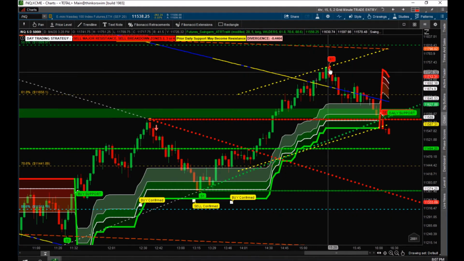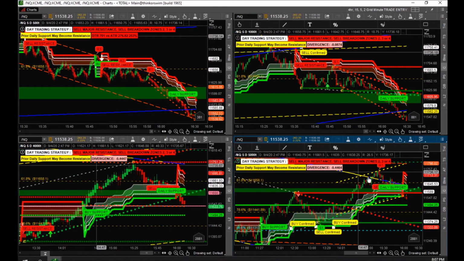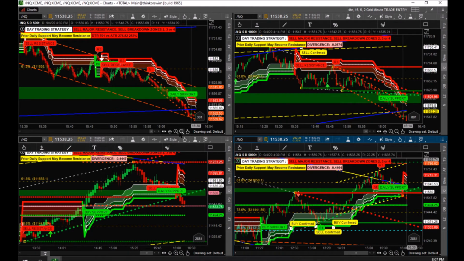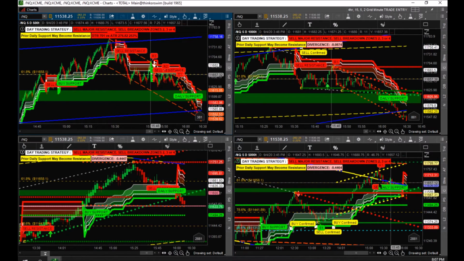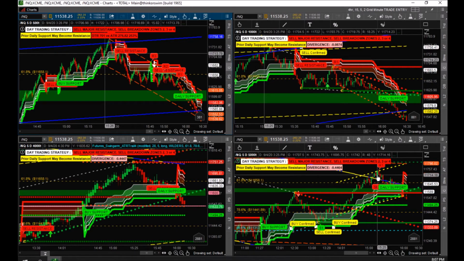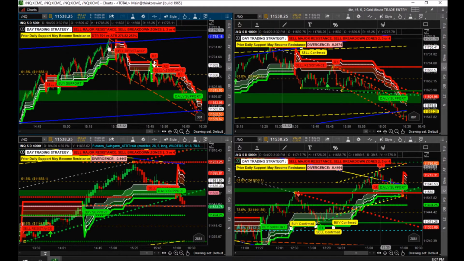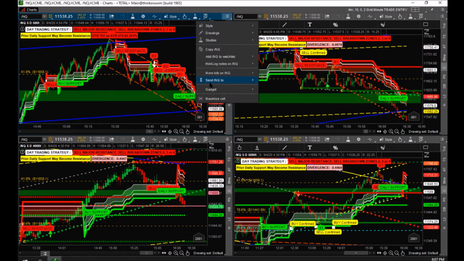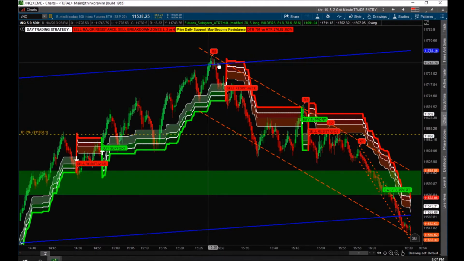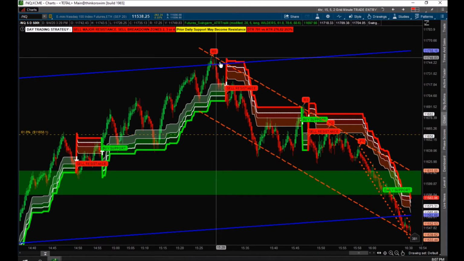On the 5,000 tick chart, once it broke here, as you see, you could actually move to the lower time frame, and then you could have entered basically here on this thing right here, which is on top of that channel.